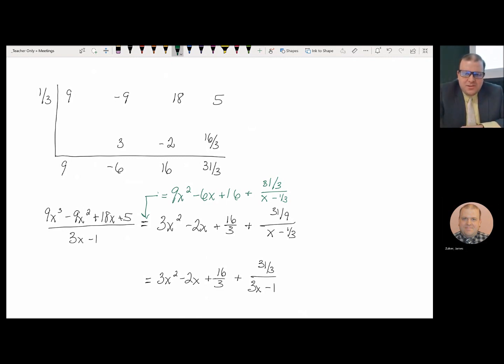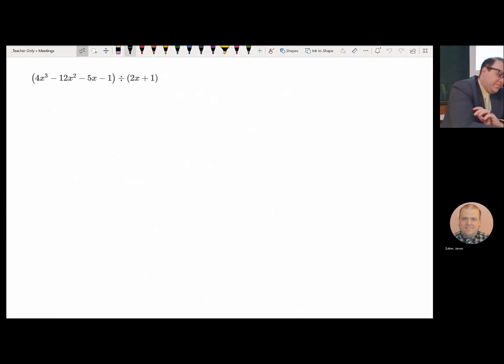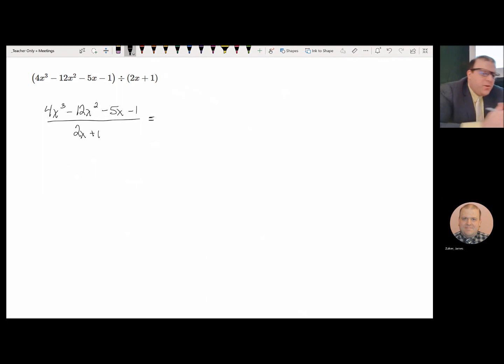Let's take a look at another one. To get into proper form, right, we have to factor out a 1/2.